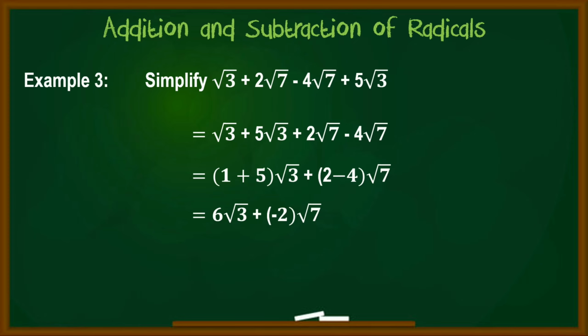So we have negative 2 square root of 7. Simplify, we have 6 square root of 3 minus 2 square root of 7. This expression cannot be simplified further because the radicals are not similar. There are no common factors and each radicand is in simplest form.